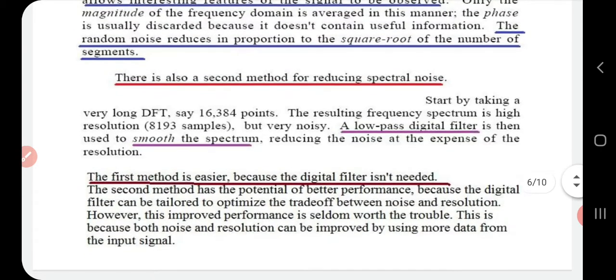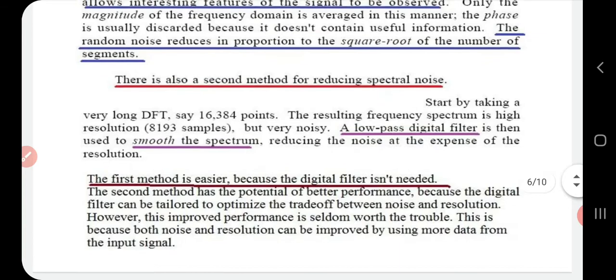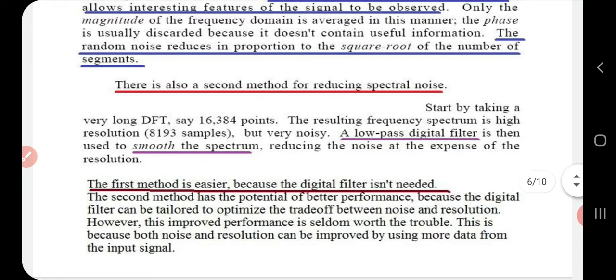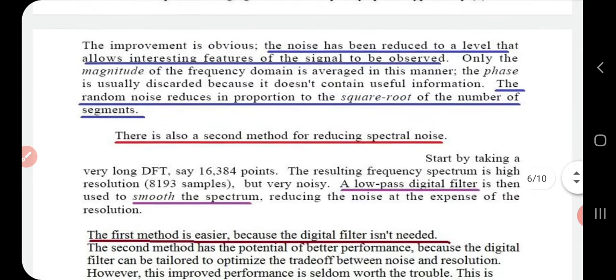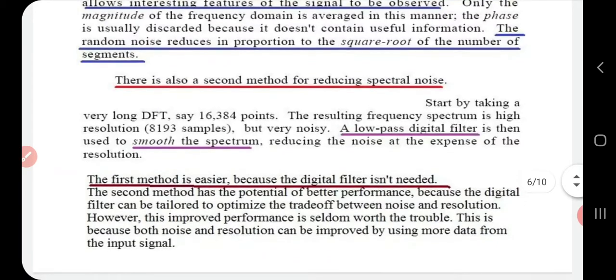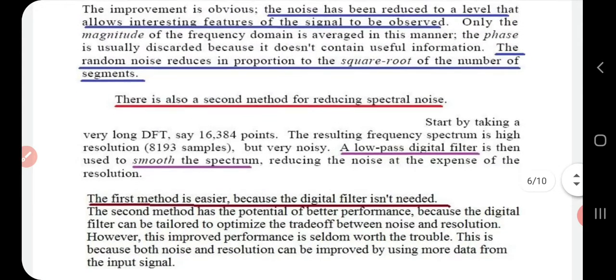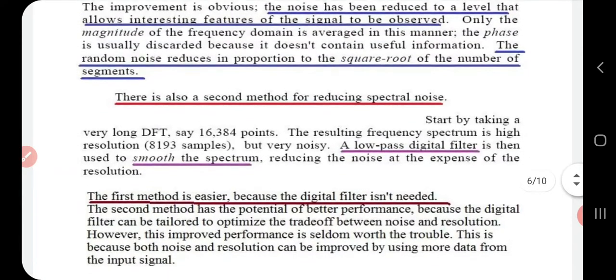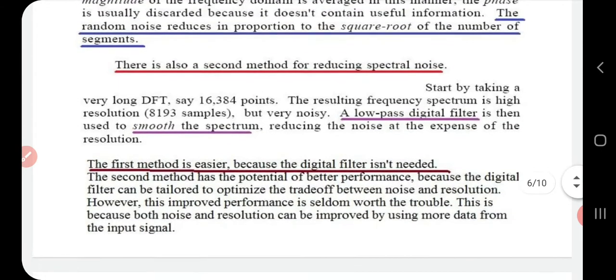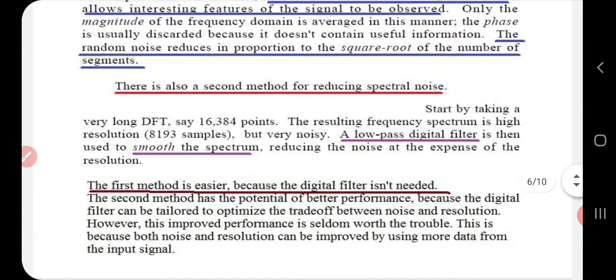So we have discussed two methods. The first method, I will tell once again. We obtained the signal using a microphone, and then amplified it to a particular level. Then, using a low pass filter, we removed all the unwanted frequencies. Then we sampled it at a particular sampling rate, and we get a measured signal.